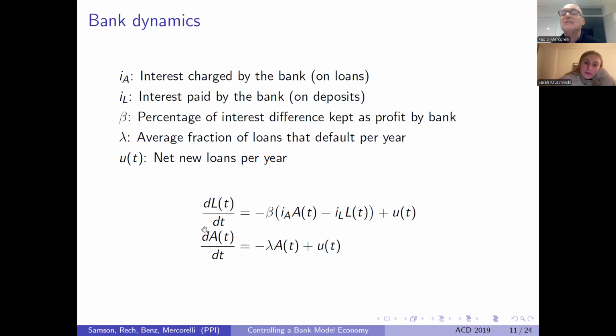Look at here, we have two states, liability and assets. The liability, Sarah, is the money which belongs to you, but you don't have at home, you have in the bank. There's a big difference because if you have it at home, it's not a state. But if you put it in the bank, it becomes immediately a state because the bank, with the interest, generates the dynamics.